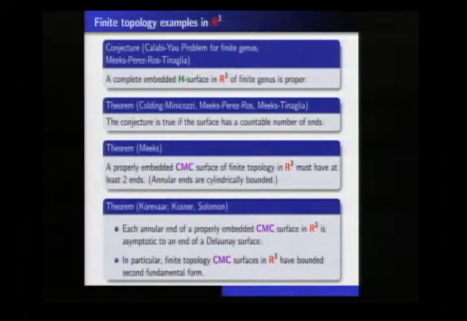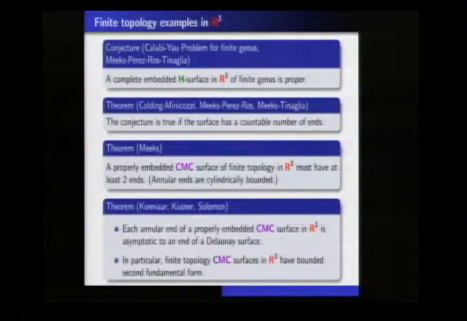When H is positive, we actually hope to prove that you have cubical area growth. So in balls of radius r, you have areas bounded by a constant times r cubed. So we actually have very nice estimates. So it's very, very proper. Okay, so we know this conjecture in certain cases.